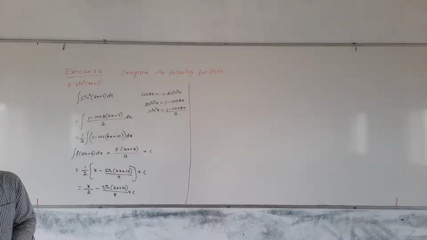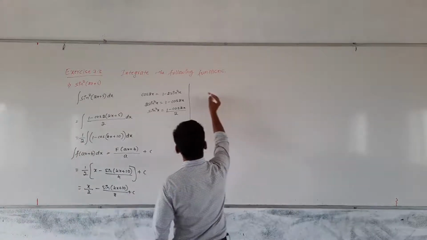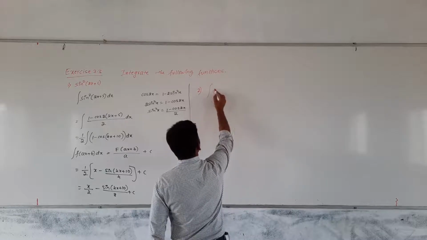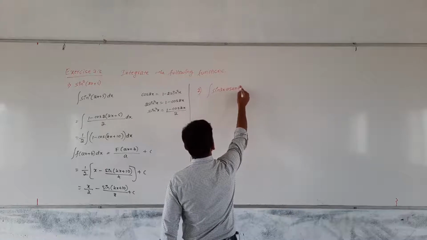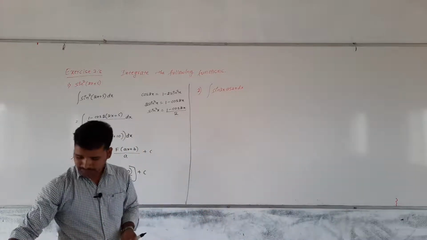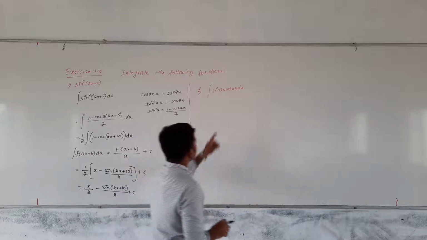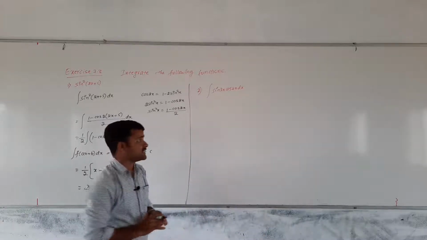Now, problem number 2 is integral of sin 3x into cos 4x with respect to x. Now, it is sin into cos. What is the formula? You know, trigonometric identities.